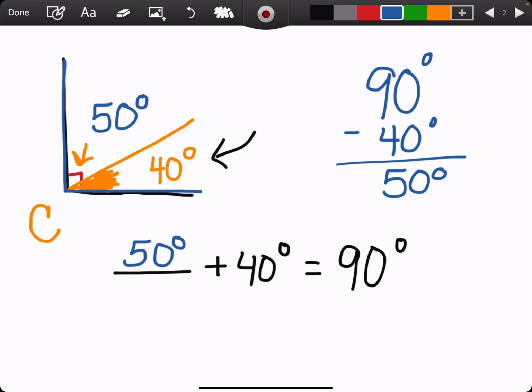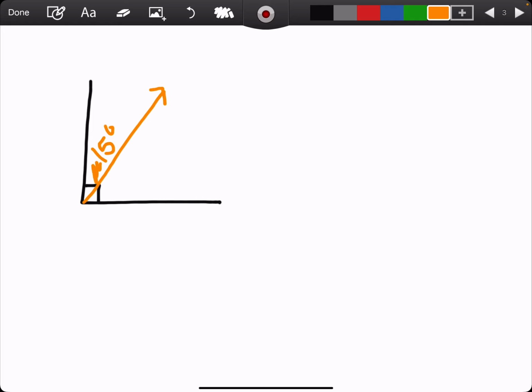Now, let's try another one. So, I have another right angle, okay? And coming out of my right angle will be here. If this in here I know is a 15 degree angle, it's not perfect, I'm just making it up right now. I need to find out what is that angle in there. Well, I know since it's complementary, it means that together they're going to equal 90 degrees.